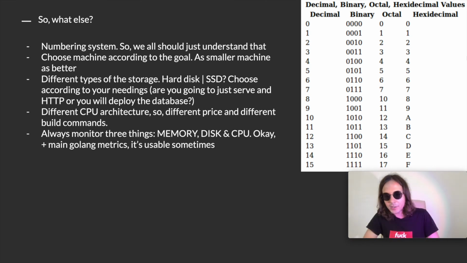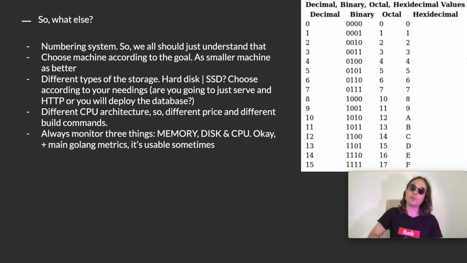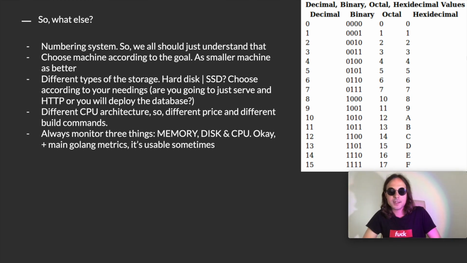It is memory, as in the amount of random access memory and virtual memory available for your application. It is disk, if your application writes some logs or files. And it is CPU, because if your application runs out of CPU, then it will not be really good for you to run this application because it will go very slow.